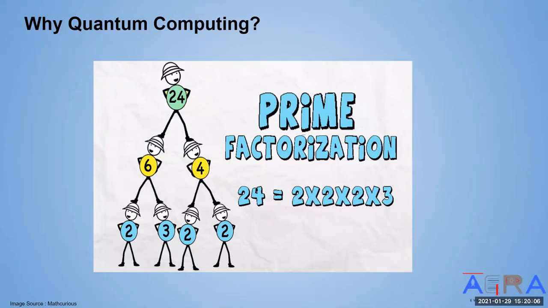And we know that in classical computers there is a limit where you cannot factorize large numbers. On the other hand, a quantum computer is going to give you that advantage over classical computing, where you can really prime factorize large numbers. So those are some of the primary reasons why we are moving towards quantum computing.